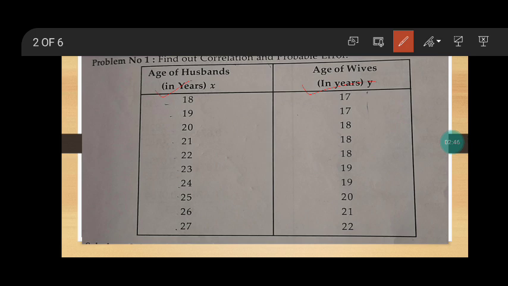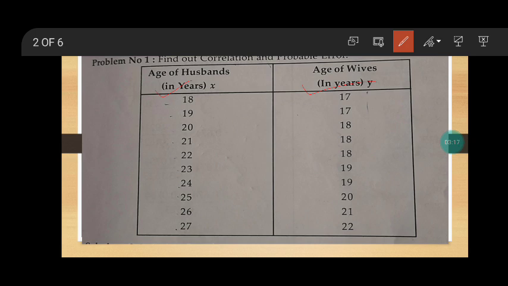Under the X series you have been given 10 items, so N would be 10. Under the Y series again you have 10 items, so N is again 10. Now we have to calculate the correlation between these two variables, age of husbands and age of wives, with the help of the given data.